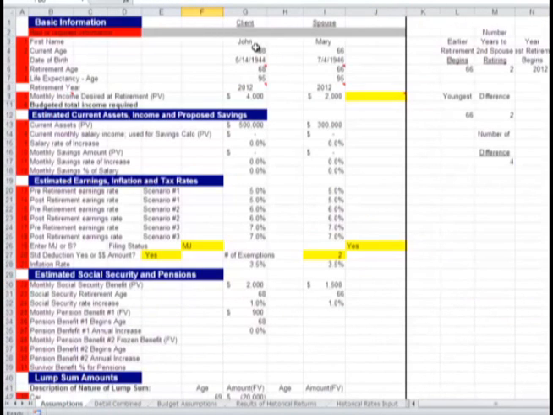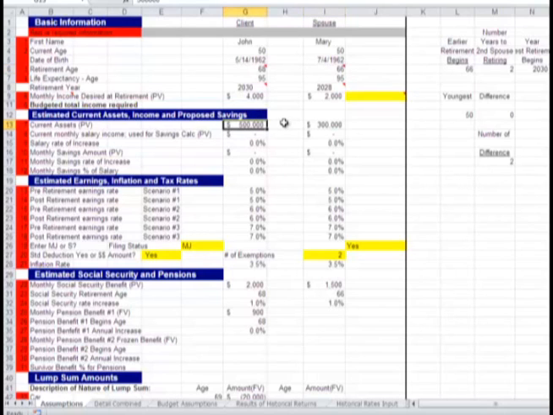Let's assume that John is 50 years old, which means he was born on May 14, 1962. Let's say that Mary is also 50, born on July 4, 1962. John wants to retire at age 68, Mary at 60, and we assume that they will spend the same amount of money.